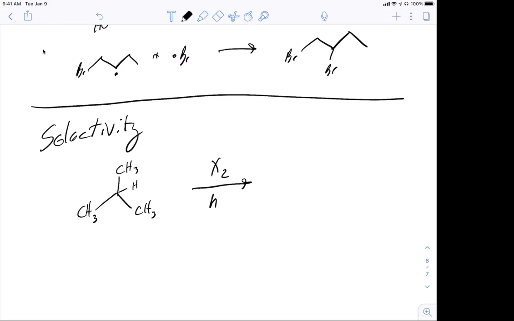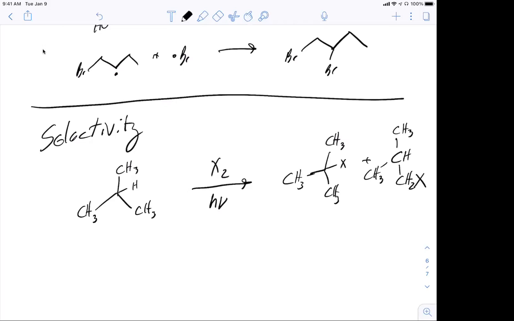Okay, when we look at selectivity, we have a few things to consider. One is if we look at something like this, I could abstract the middle hydrogen out of that tertiary position, or I could have abstracted one of the primary positions, right?